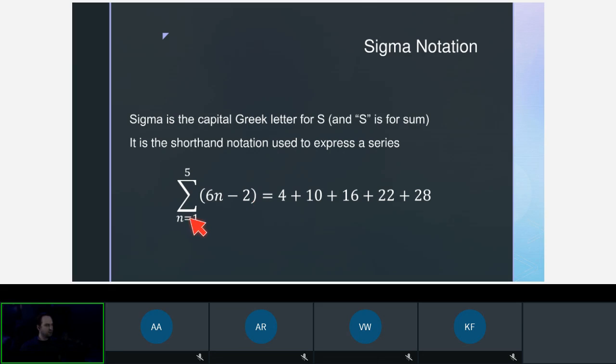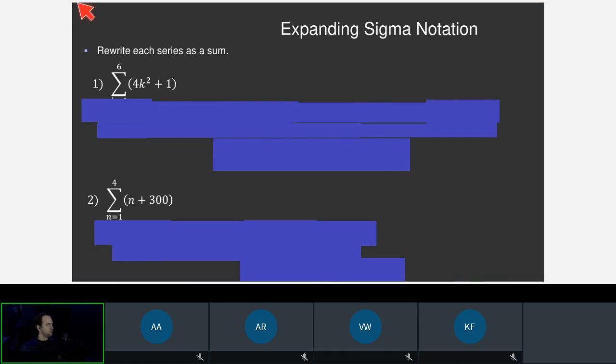And all you're going to do is you start at 1, you plug in 1 into n, you do the maths, and you get 4. Plus, you plug in the next number, which is going to be 2 into n, you do the maths, and then you get 10 and so forth. Pretty straightforward. So, let's see one.